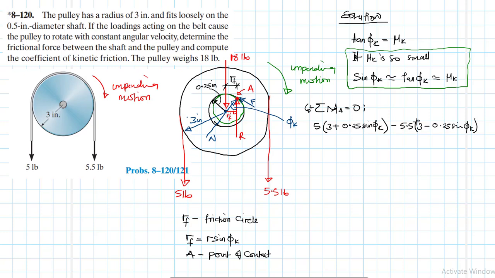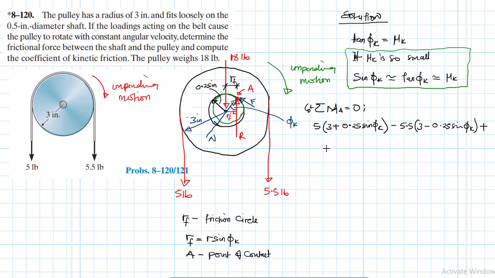Again, this is not the only way to solve this. This is just one of the ways you can solve it. You can take summation of forces in the y direction, find R, and later on use R to work out the problem. Anyways, this is one of the ways to do it, and not the only way.